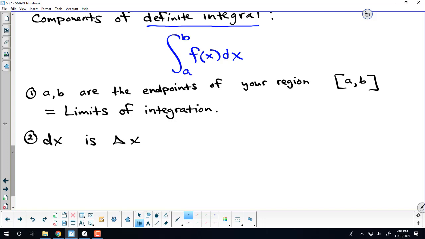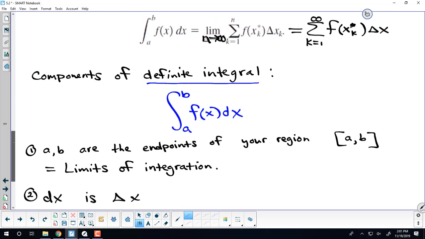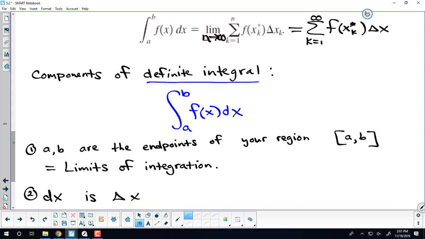Okay. And so when I look at this sum, what did we say that this sum was? What did we just say that infinite sum gave us? The exact area. What kind of area? The net area. Yeah. Right, so that Riemann sum is the exact net area, and so is this symbolic stuff on the left.